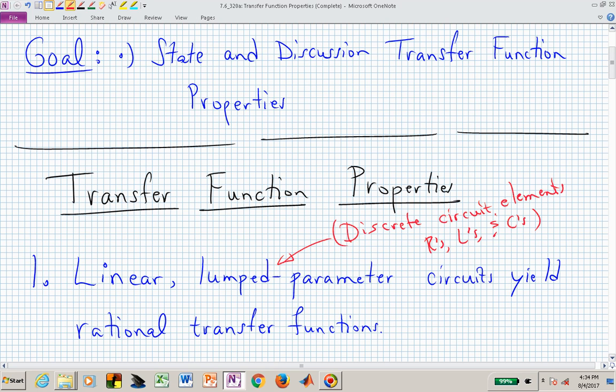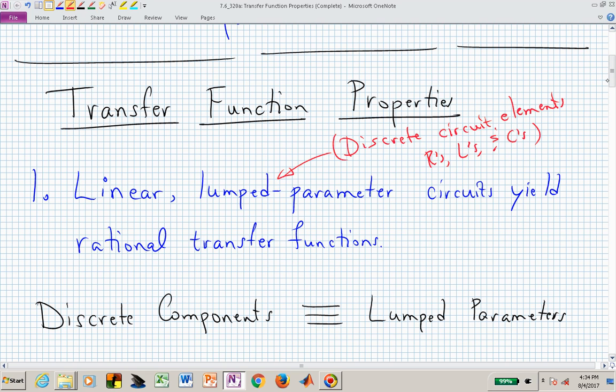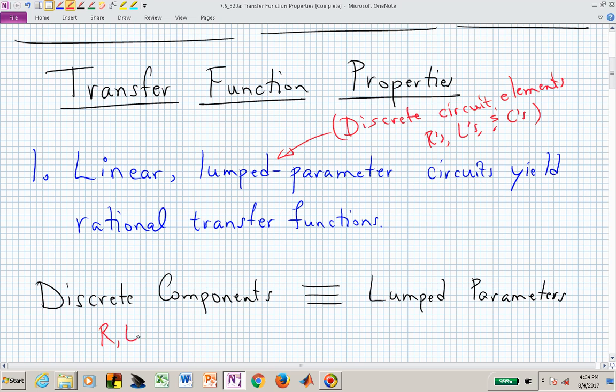Those actually yield rational transfer functions, or ratios of polynomials in s. When we have discrete components, those are the R's, L's, and C's, numerical values, those are lumped parameters.